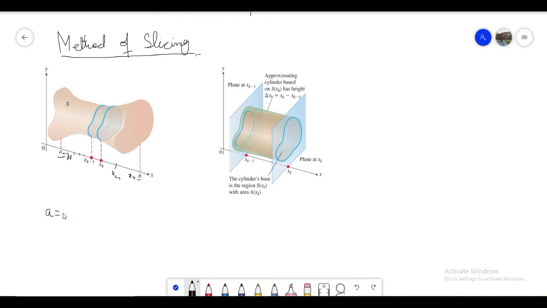So within that we have infinitely many intervals.